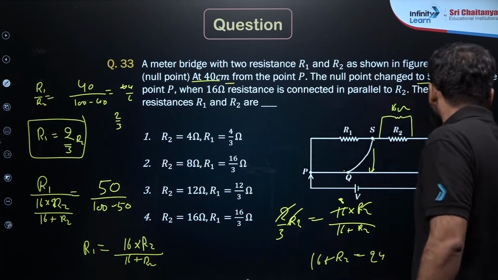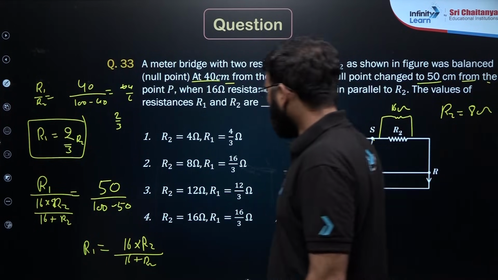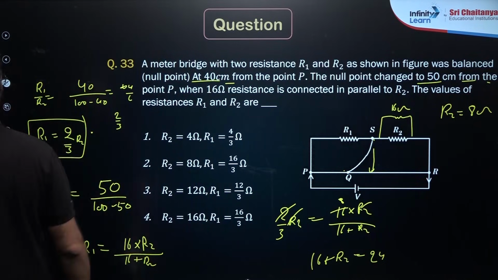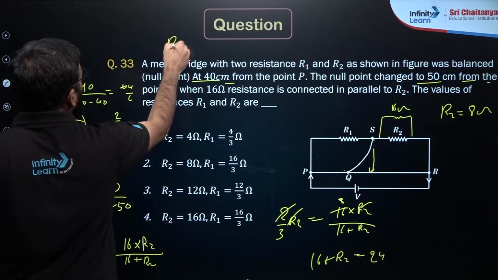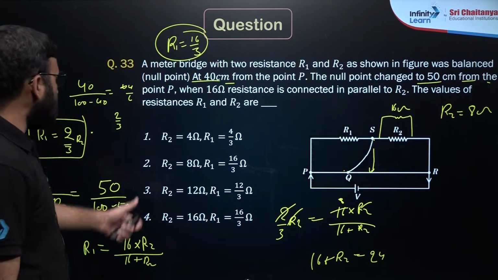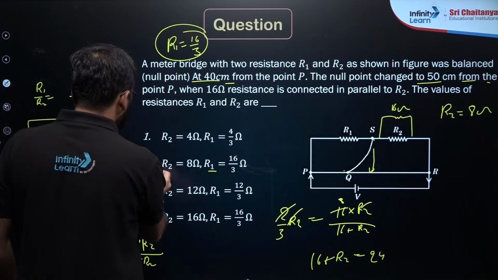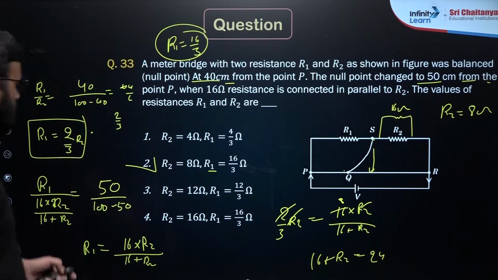So R2 equals 8 ohm, and putting 8 here, 2 by 3 into 8, so my R1 is 16 by 3. So R1 is 16 by 3, and R2 is 8 ohm. So option B is your correct answer here, beta.